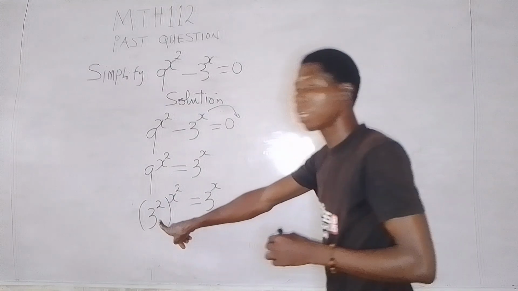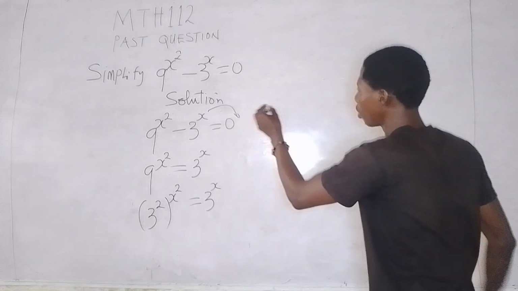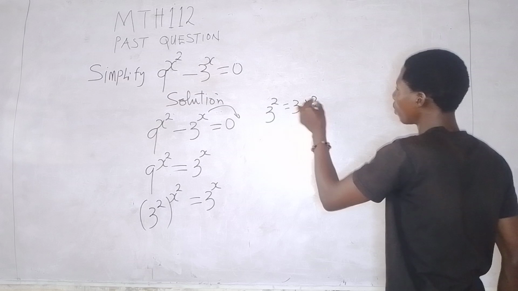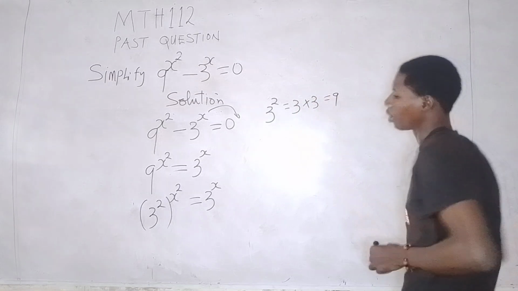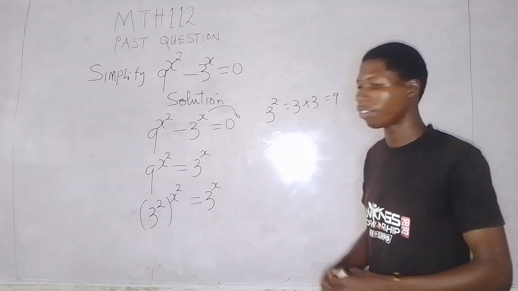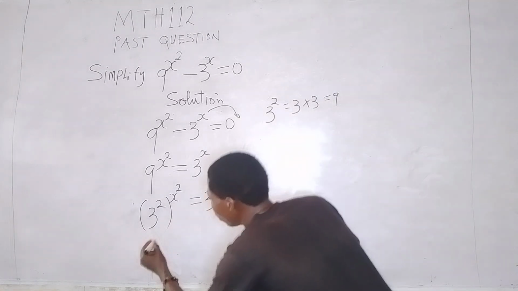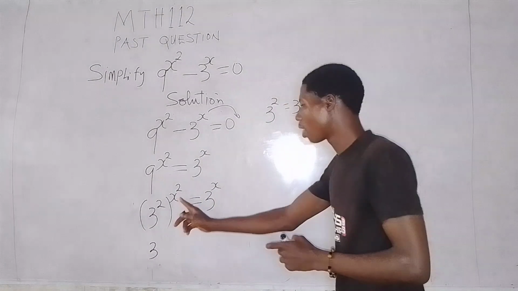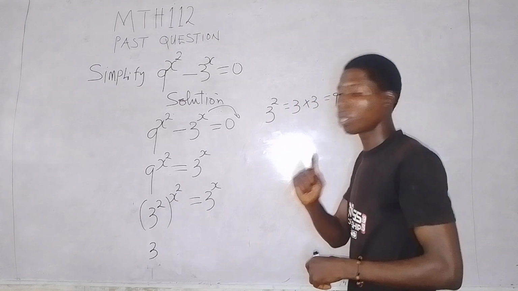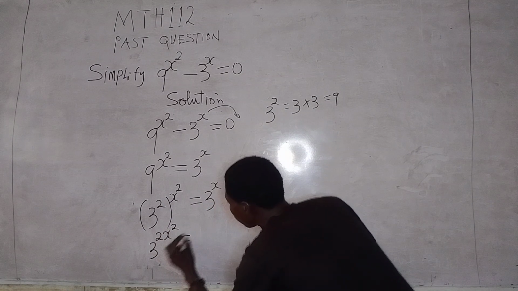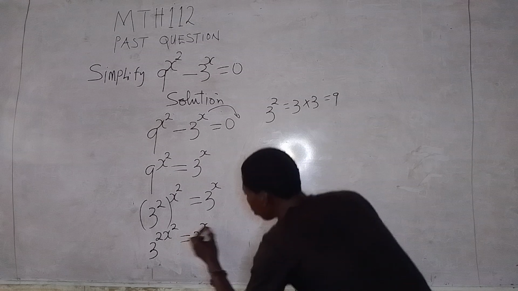You know that 3 squared is the same as 9. 3 squared is equal to 3 times 3, which is equal to 9. That is why I got 3 squared. I can simplify further and have 3 raised to 2 times x squared, which is 2x squared, equal to 3 raised to x.